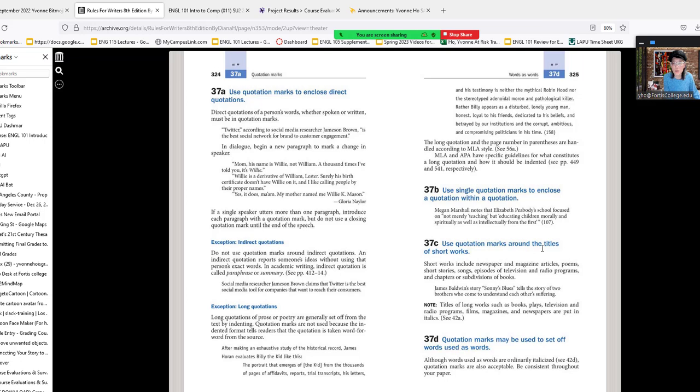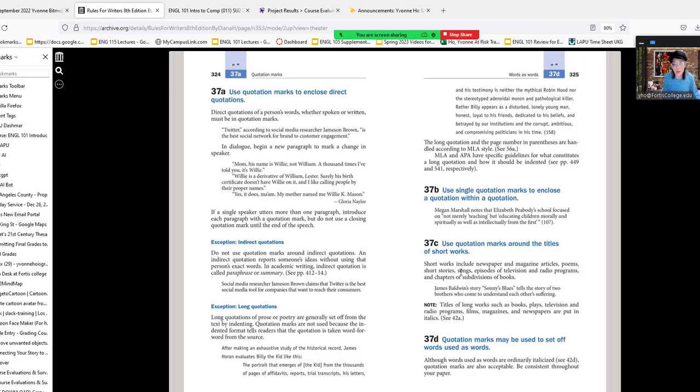Use quotation marks around the titles of short works. So here, for the song title, you have a beginning quotation mark and an ending quotation mark. Quotation marks may be used to set off words used as words. Titles of long works such as books, plays, television and radio programs, films, magazines, and newspapers are put in italics.